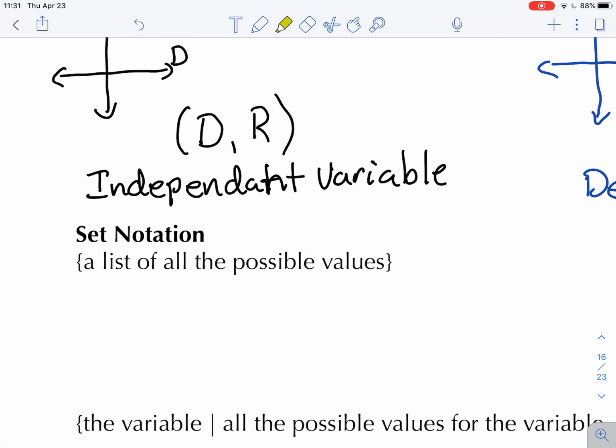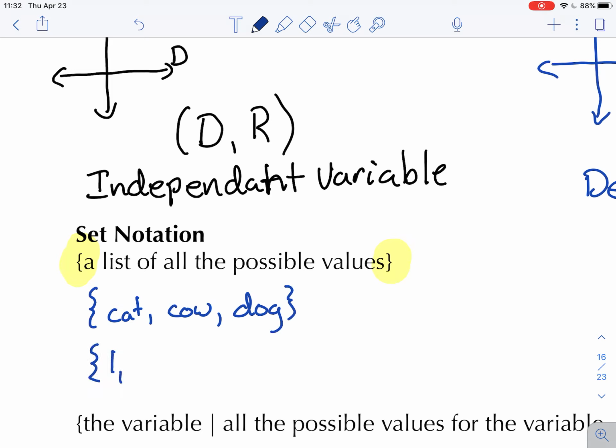All right, set notation. Set notation is something that you need to learn how to use. Sets have these curly braces at the end. A basic set is just a list of all the possible values. So we draw a curly brace: cat, cow, dog.